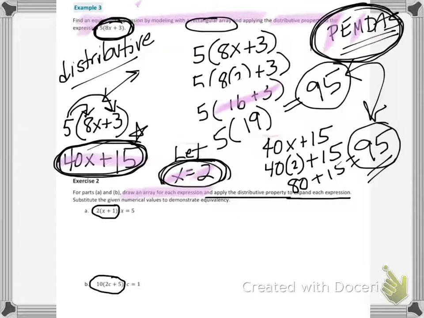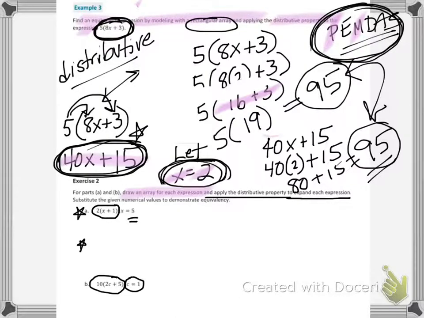And then you're going to plug in the 5 for the x into both the original expression and your equivalent expression. And then you're going to do the same here, but now you're going to plug in 1 for C. Use a different variable there. Again, that is similar to what we did here in example 3.